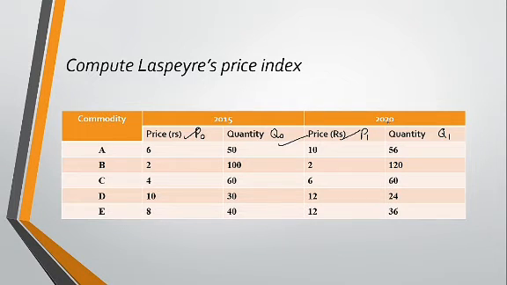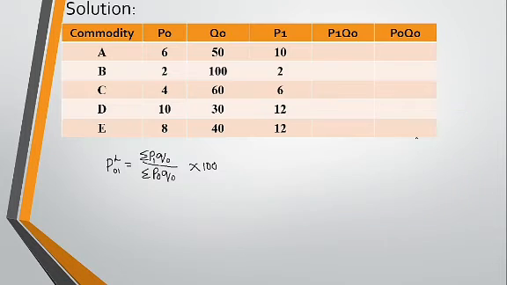So in 2020 we do not have to consider quantity. How to solve this? We need P1 Q0 and P0 Q0. Same thing you write here, P1 Q0, P0 Q0. P1 Q0 means P1 into Q0. You have to just multiply the price of the current year, that is 10, into the quantity of the base year, 50.